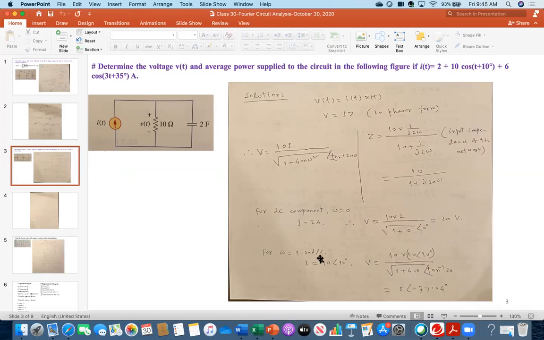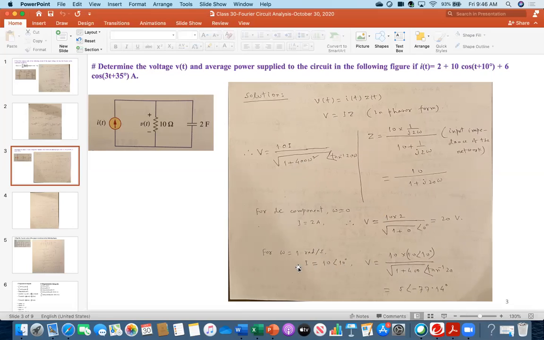Now everybody come back to the second term of the current. This is your voltage expression. You got one result, which is 20. Next I will consider this one, the third time I will consider this one, and then whatever I get, I will sum up. That's all you have to do. What is this one? I value in phasor form is 10 at an angle of 10 degree. So I wrote here, I is 10 at an angle of 10 degree.